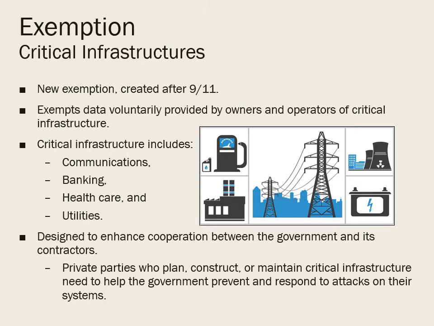The best way to get that type of cooperation from private parties is to ensure that the information they provide cannot be disclosed under FOIA. Particularly, these contractors are worried about disclosure of their confidential business information to their competitors. And so this critical infrastructure exemption gets around that. Contractors know that their information can't be disclosed. They're more likely to give it and cooperate with the feds.